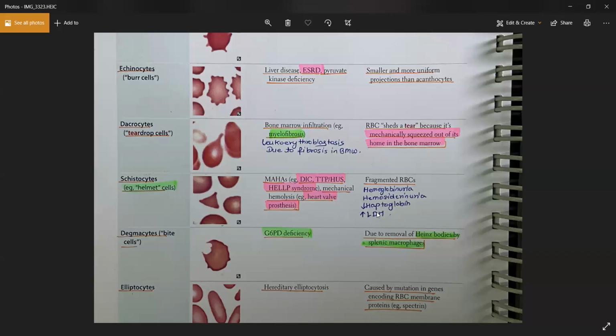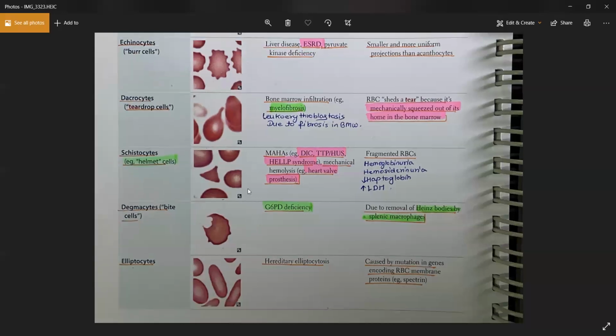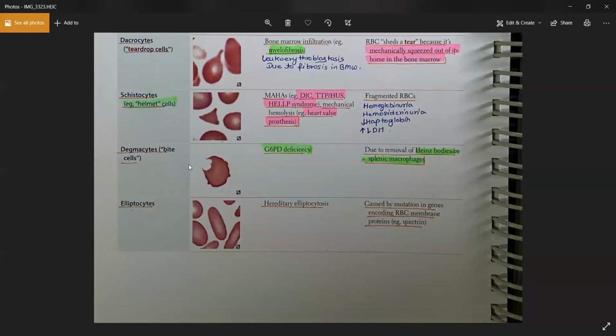Other very important part to remember. Then comes the degmacytes, or the bite cells, very important. Whenever you have glucose-6-phosphate dehydrogenase deficiency, you have these Heinz bodies. Does anyone remember what these Heinz bodies are made up of? Oxidized hemoglobin because of reactive oxidation.